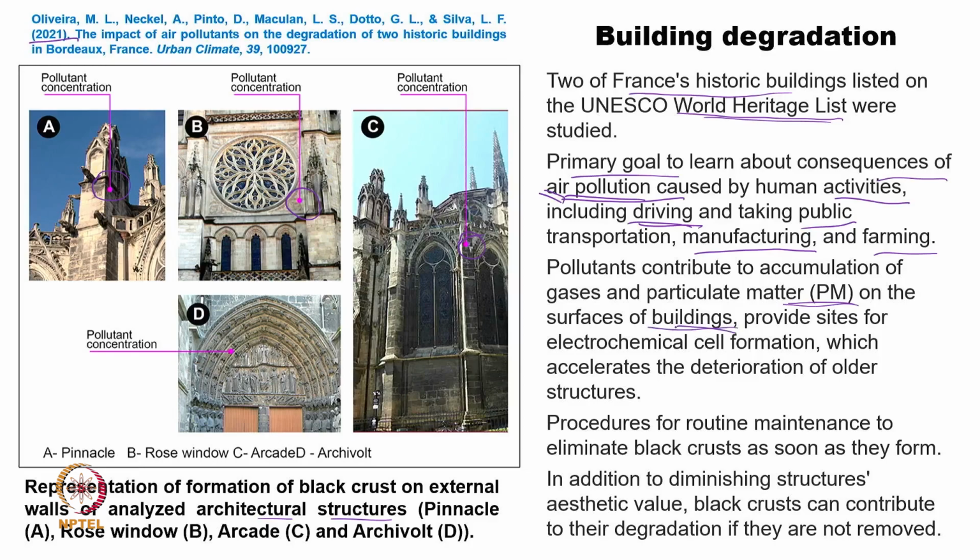And if there is, will it provide some kind of electrochemical cell formation? That is what I mentioned: if an electrochemical cell forms, naturally corrosion will continuously increase, the building may collapse and get discolored, and we need to think about those monuments which are listed particularly for tourists.